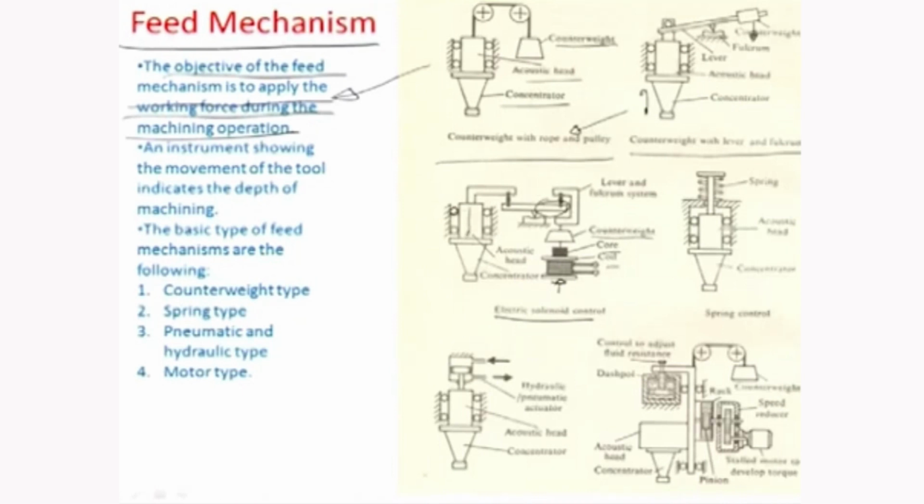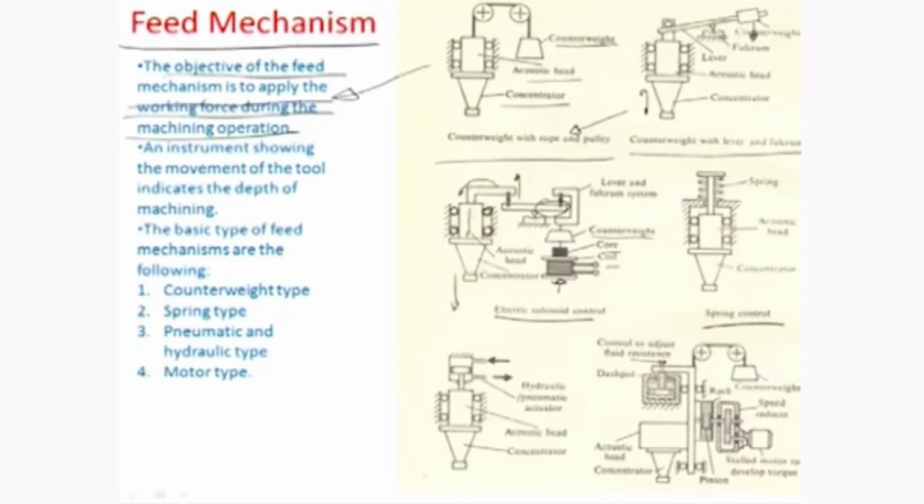And these are all guided. You can see this concentrator, this acoustic head guided on a set of rails. Okay. So as this motion is implemented, this end of the fulcrum actually tries to push the concentrator towards the workpiece or away from the workpiece.